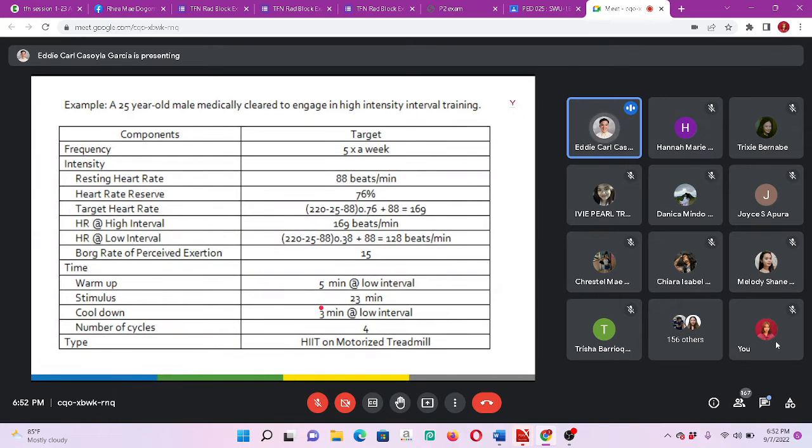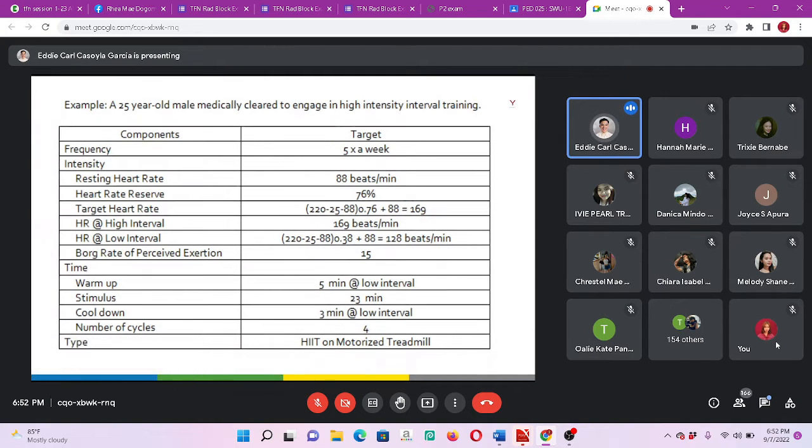class, it will depend on the level of intensity of your program. Okay? So for example, here in the table, 4 cycles because the intensity is high. And take note, for light intensity, 5 cycles. Okay, I hope you wrote that in your notes.